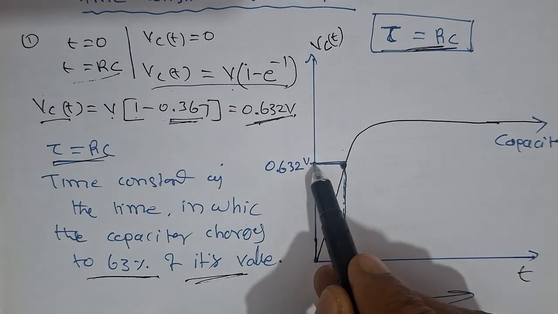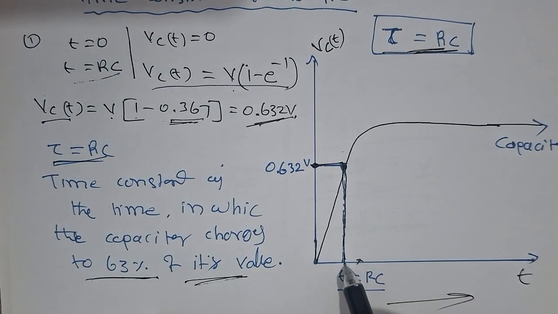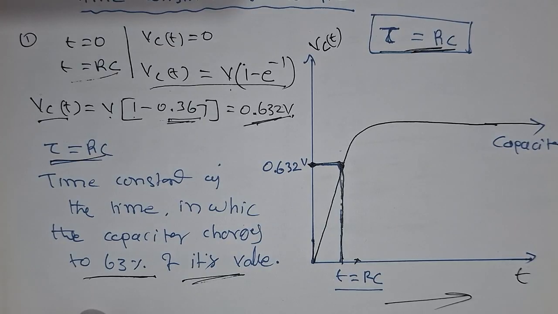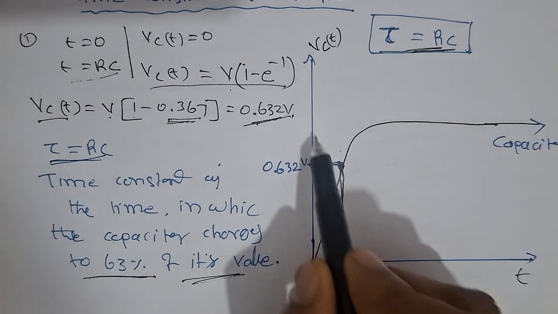This is called the time constant. We can also apply t equal to 2RC, 3RC, 4RC, and so on, to get the maximum value.